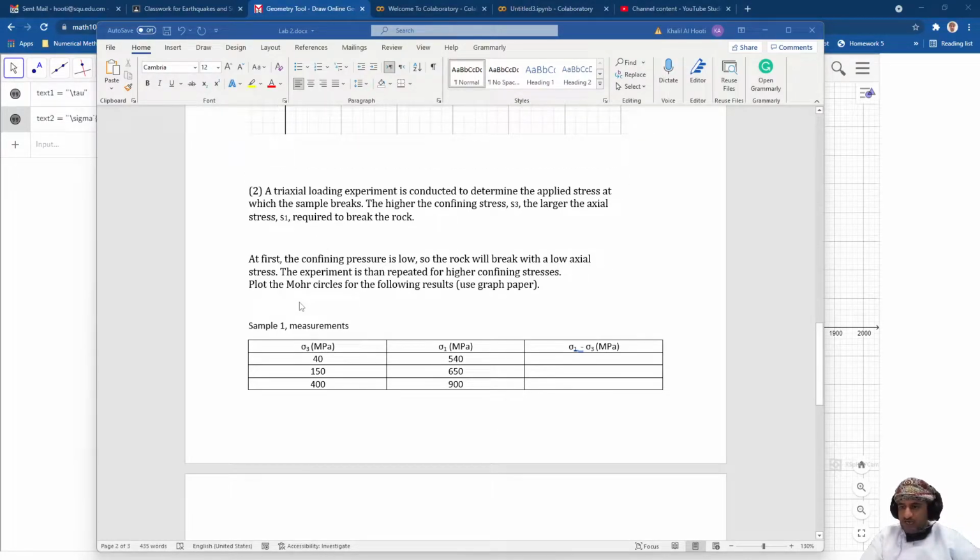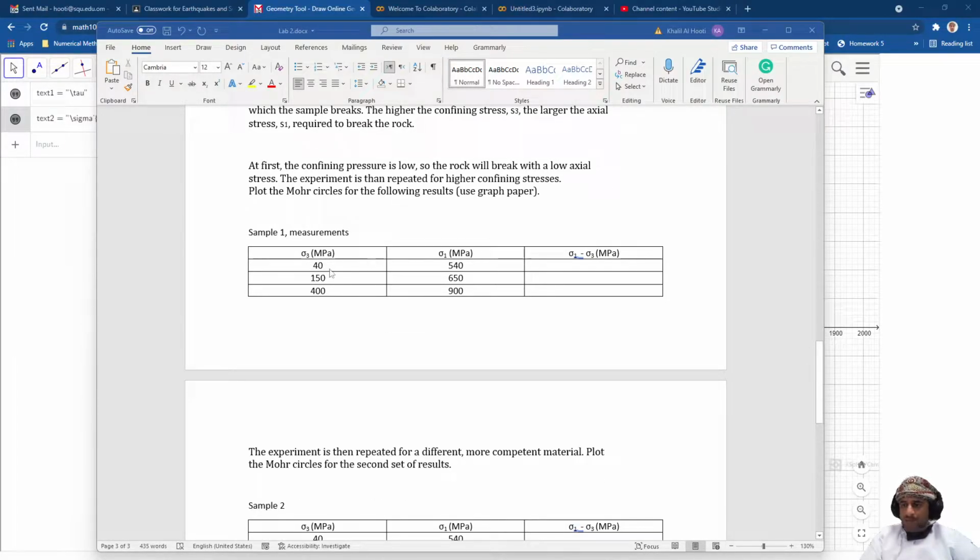In question two, we have two different rock samples and we keep exerting vertical and horizontal forces. So in this case, for example, in sample one, when we exert a vertical and a normal force as shown in here, the rock will break.